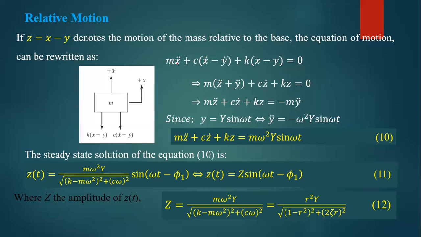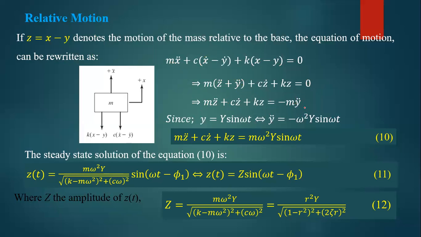But x dot dot is equal to z dot dot plus y dot dot. Then finally, rearranging what we have, m z dot dot plus c z dot plus k z is equal to minus m y dot dot.